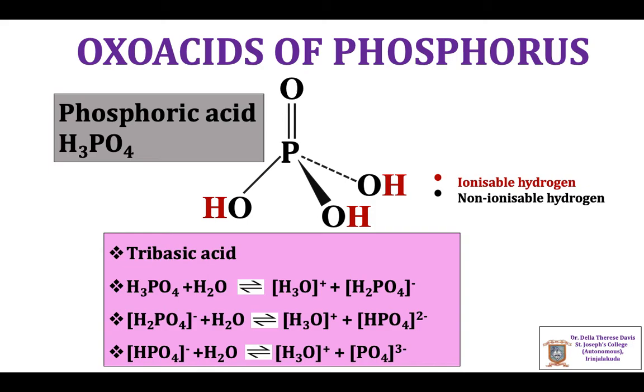HPO4 2- gives PO4 3-. This acid also has a tetrahedral structure in which there are three P-OH bonds and one P=O bond. The oxidation state of phosphorus is +5.